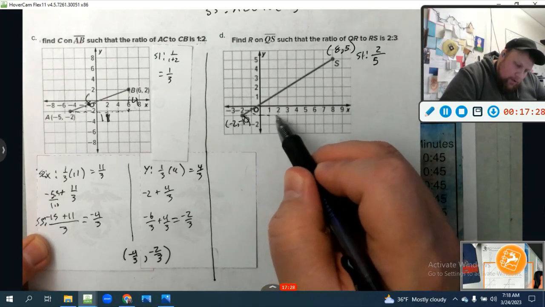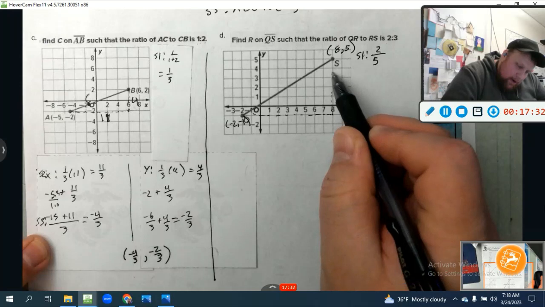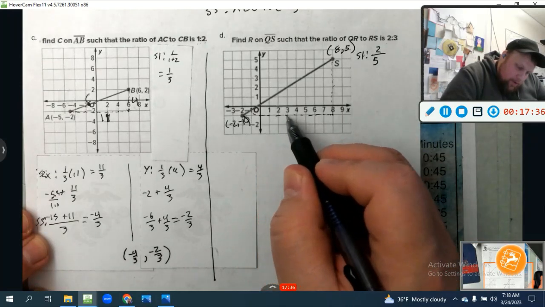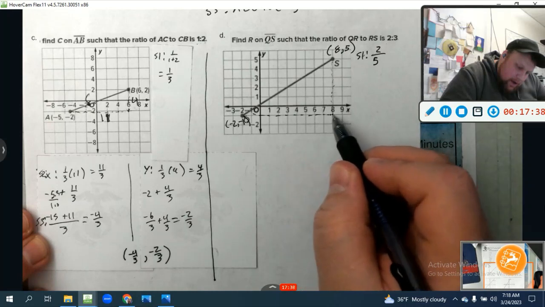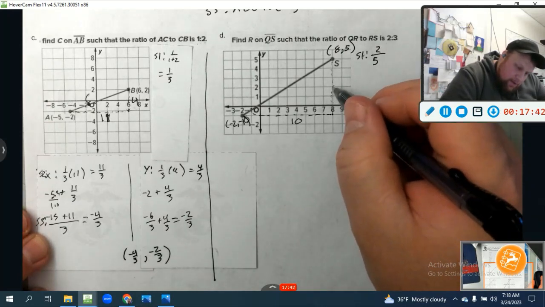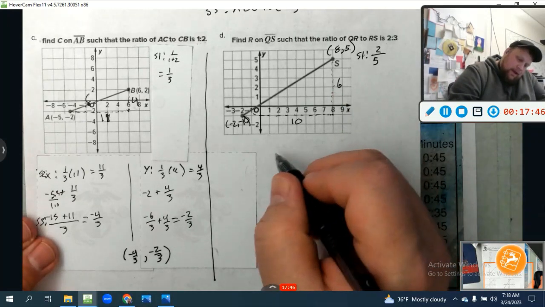And if I do my triangle, right? So in my x direction, I'm going 1, 2, 3, 4, 5, 6, 7, 8, 9, 10. That's 10. And in my y direction, 1, 2, 3, 4, 5, 6. Perfect.